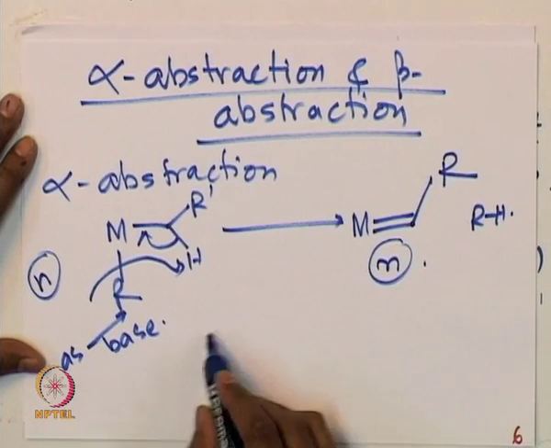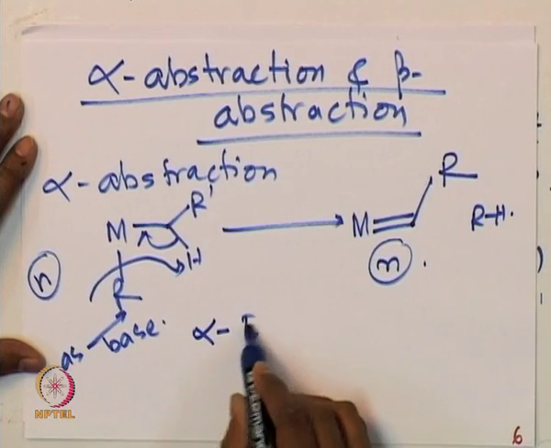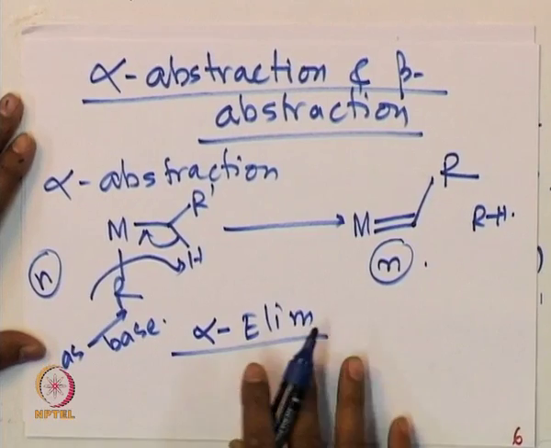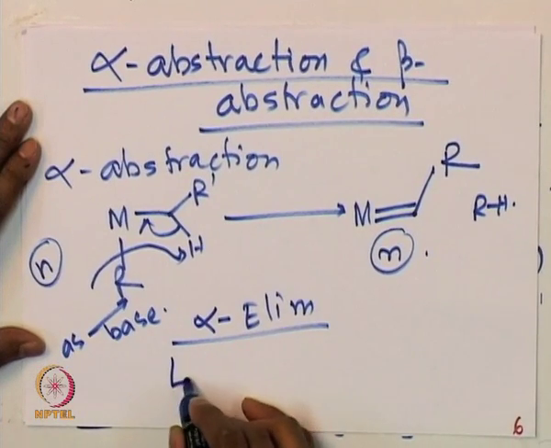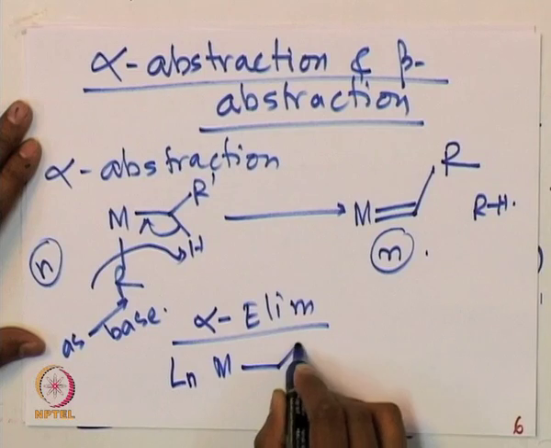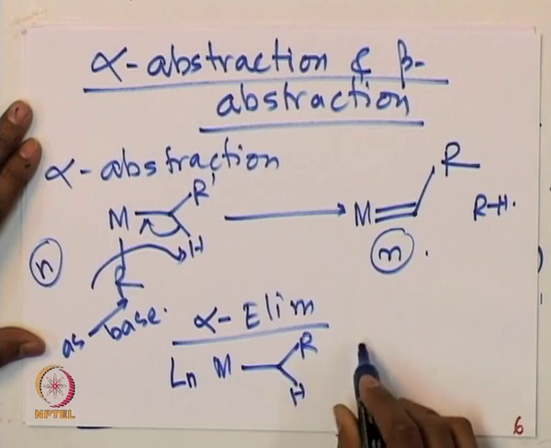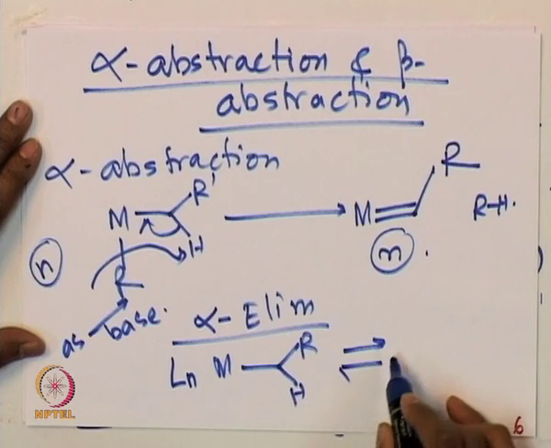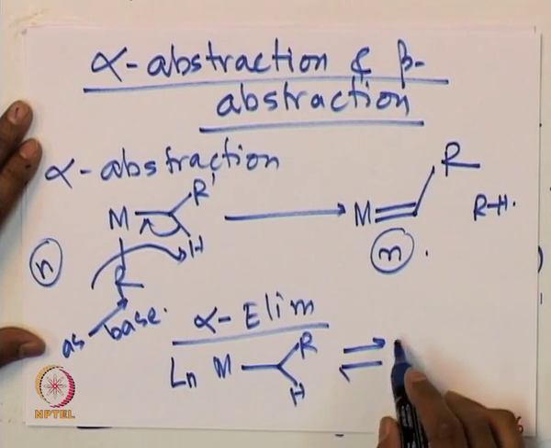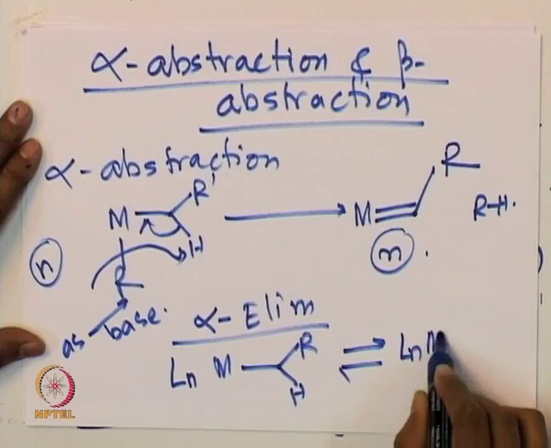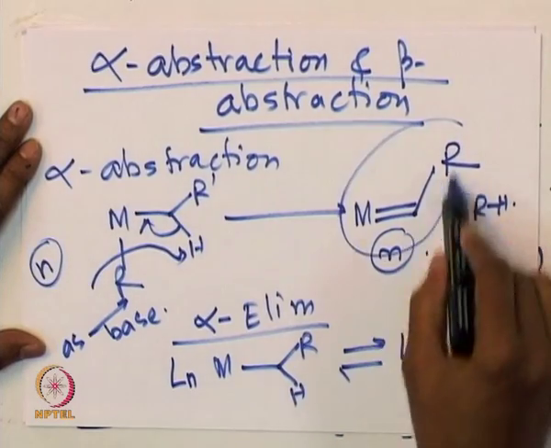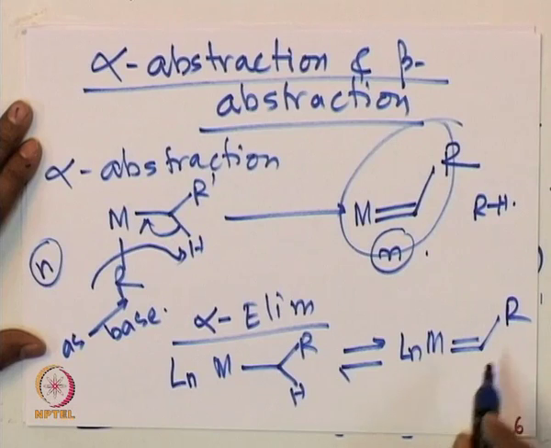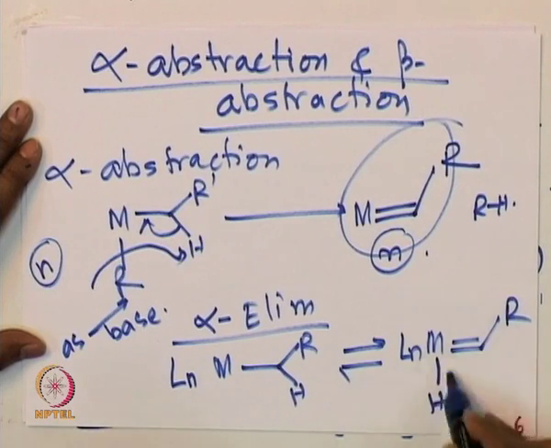Just to remind you about the alpha elimination, it is important to really get the feeling of it. You have, let us say, the same type of species, M-H, over there. If you have this compound, the alpha elimination will give you exactly the same product, but this carbene product comes with the hydride in this case.